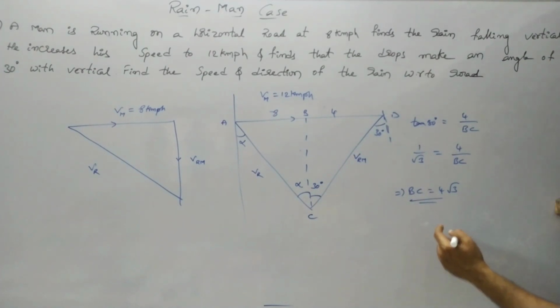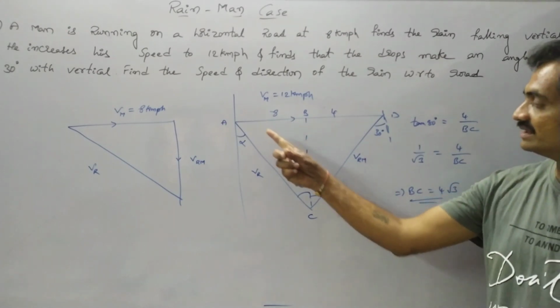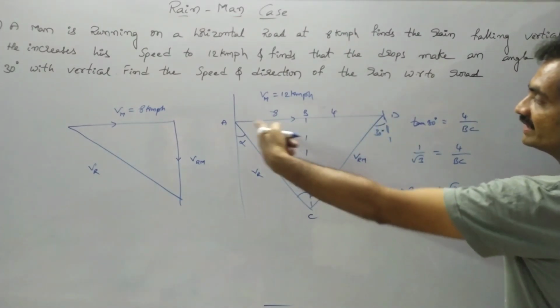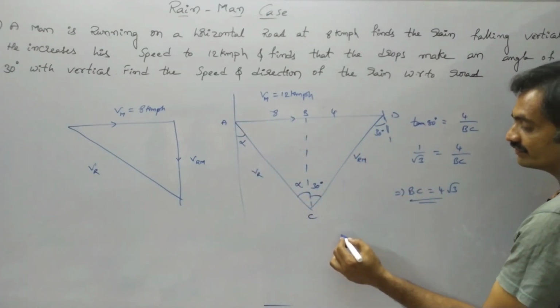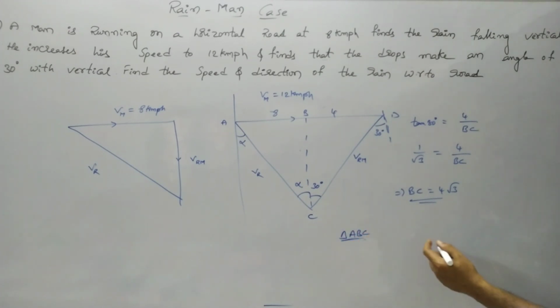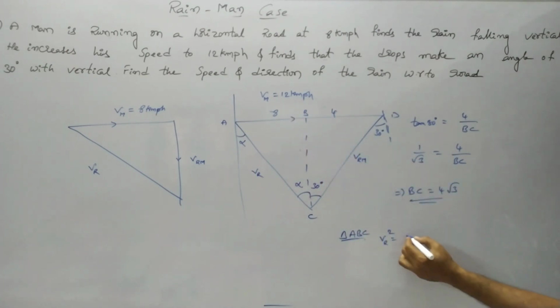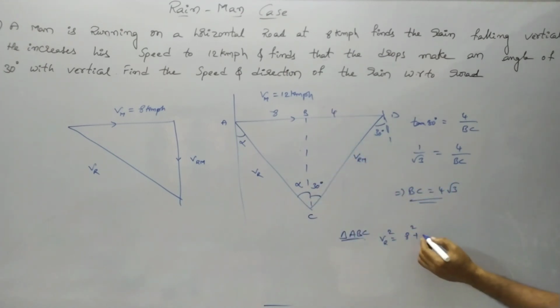Now we have to represent the velocity of the rain. Observe that here we have a right angle triangle, and we apply the Pythagoras theorem to triangle ABC. We get hypotenuse square, VR square, equals side square, that is 8 square plus BC square, where BC equals 4 root 3, so 4 root 3 whole square.